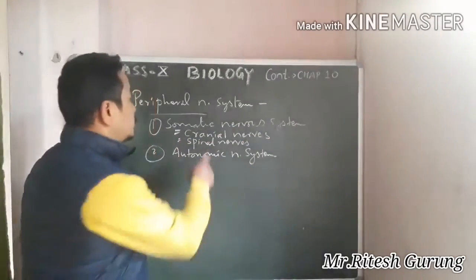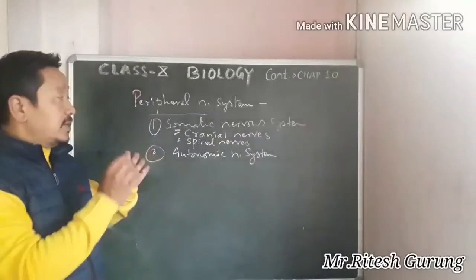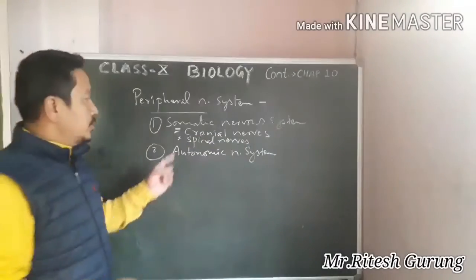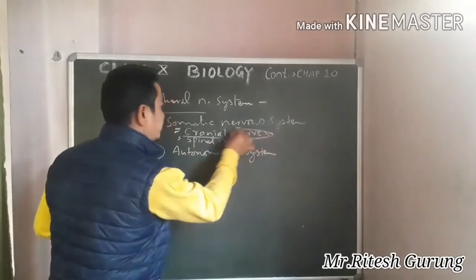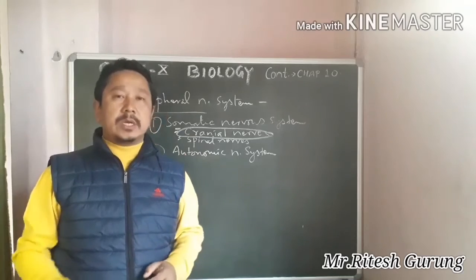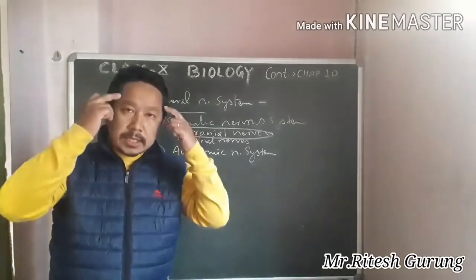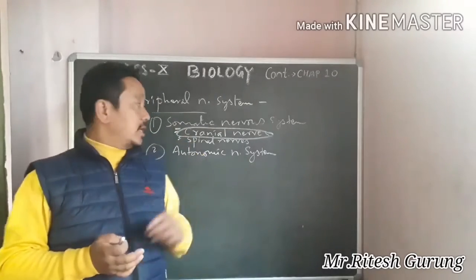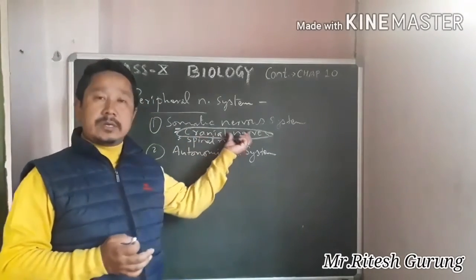Your somatic nervous system consists of cranial nerves and spinal nerves. These cranial nerves are those nerves which come from the cranium, the brain box.